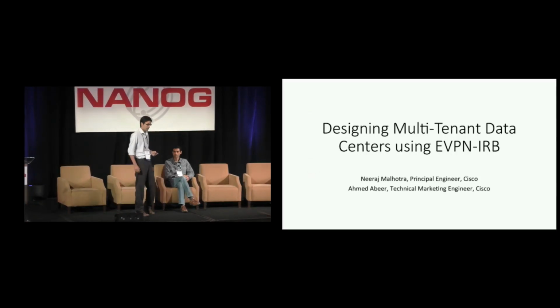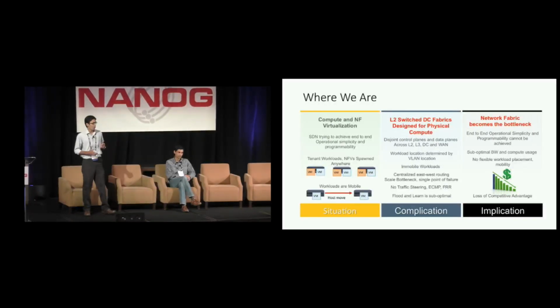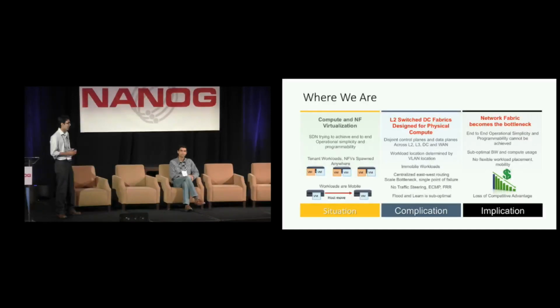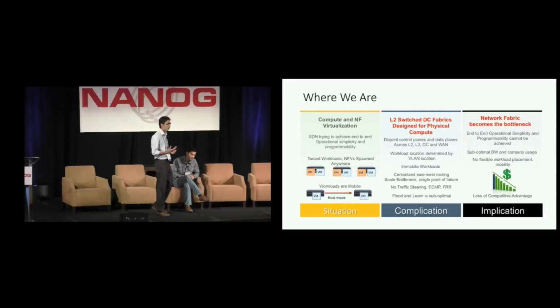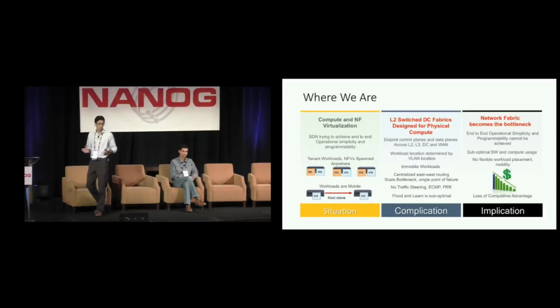So let's begin. The situation is that SDN is trying to achieve end-to-end operational simplicity and programmability across multiple domains such as layer 2, layer 3, SP-WAN, and data center. In your data center, you want to be able to place your virtual workloads and virtual functions anywhere. You want to be able to place and move anywhere.